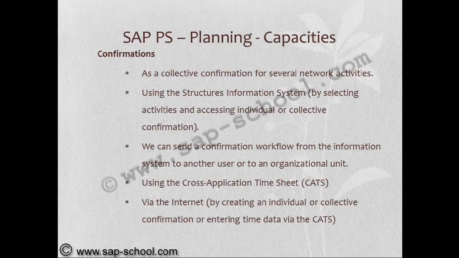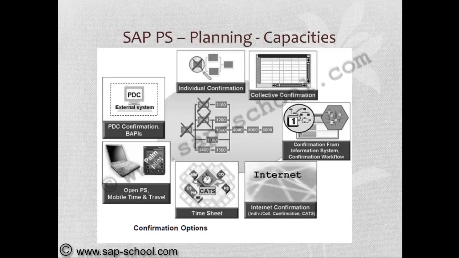Using the cross application timesheet CATS via the internet by creating an individual or collective confirmation or entering time data via the CATS. So these are various options for doing the confirmation: individual confirmation, collective confirmation, confirmation from information system or a workflow, or through internet, or through CATS, or through interfaces like OpenPS, mobile, and PDC confirmations.